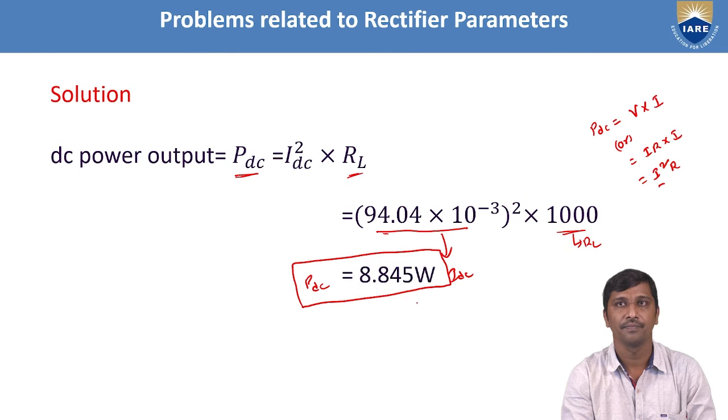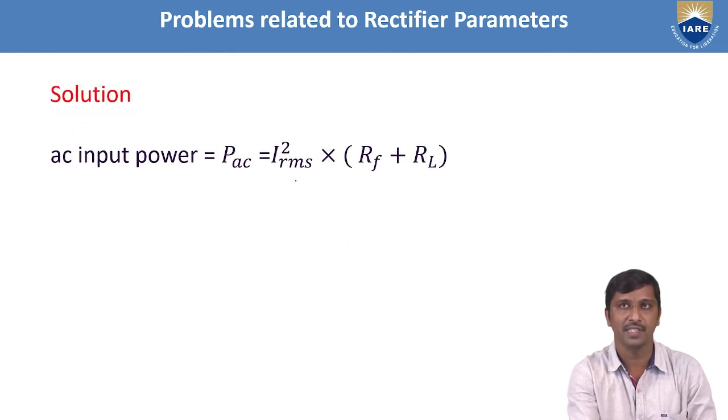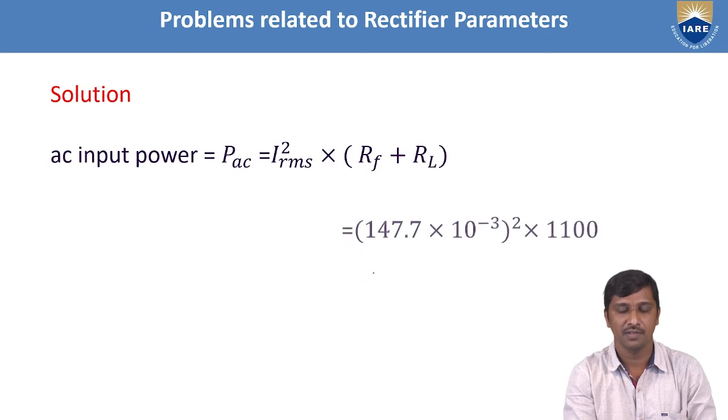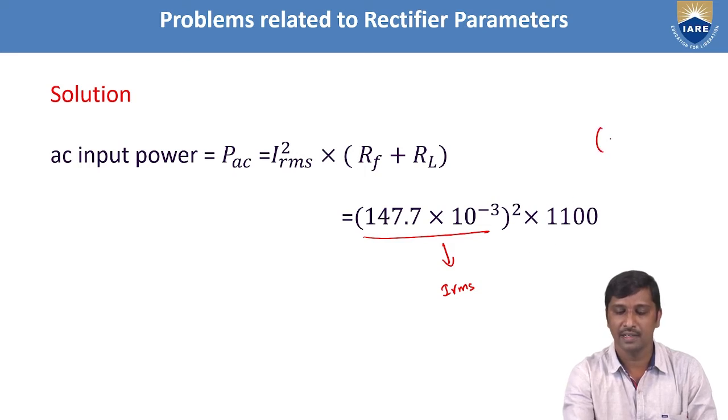So here I am going to substitute the IRMS value, which is 147.7 milliamps, whole squared, into RF plus RL. We know that RF is 100 ohms and RL is 1000 ohms.